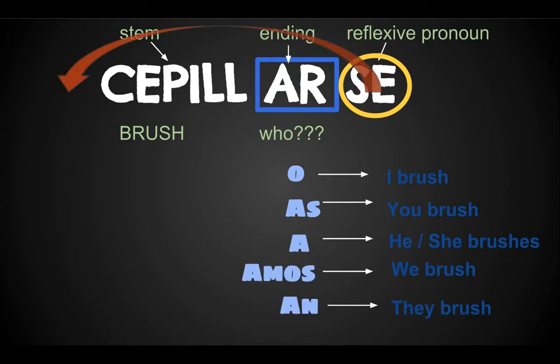Okay, now the extra part that we have to worry about is taking this reflexive pronoun, bringing it all the way to the beginning of the verb, and then changing that reflexive pronoun so that it matches the subject. Me goes in the beginning of the verb, and o goes on the end to tell that it's I brush.